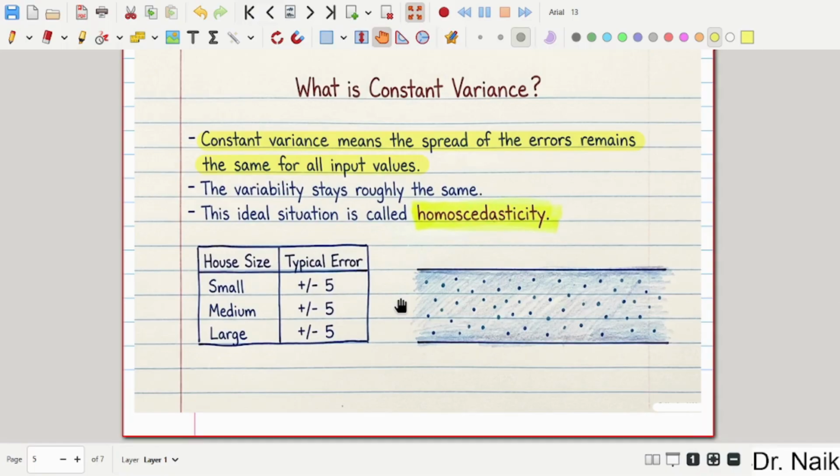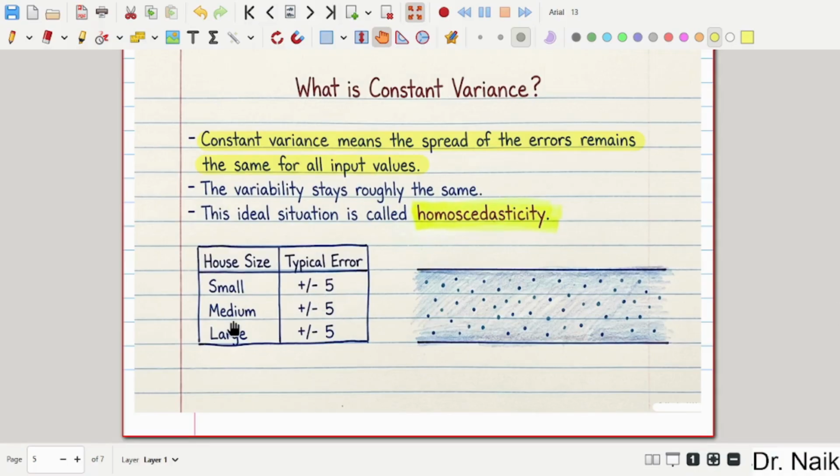Constant variance means the spread of the errors remains the same for all input values. The variability stays roughly the same for all the input values. Suppose in our house size example, for the small input, that is small square foot of the size, the typical error ranges between plus or minus 5.